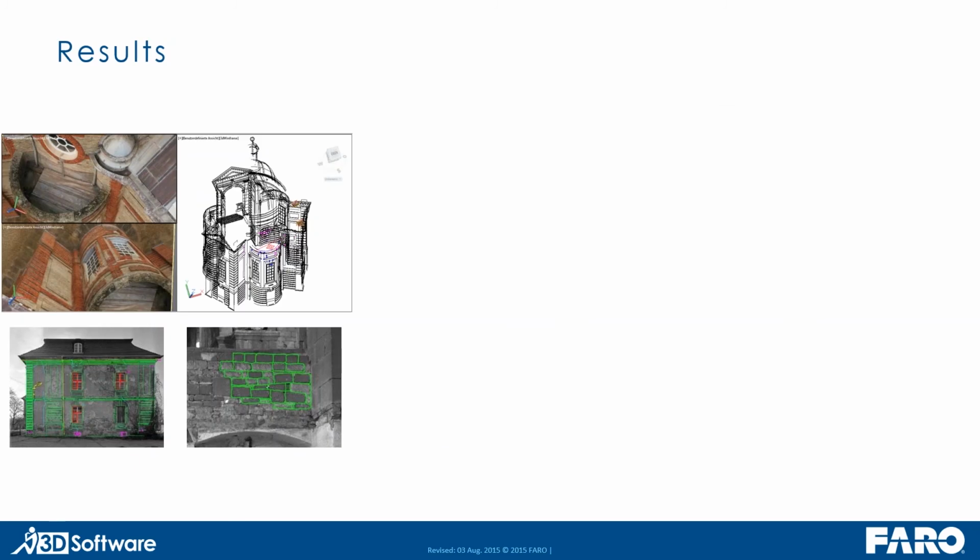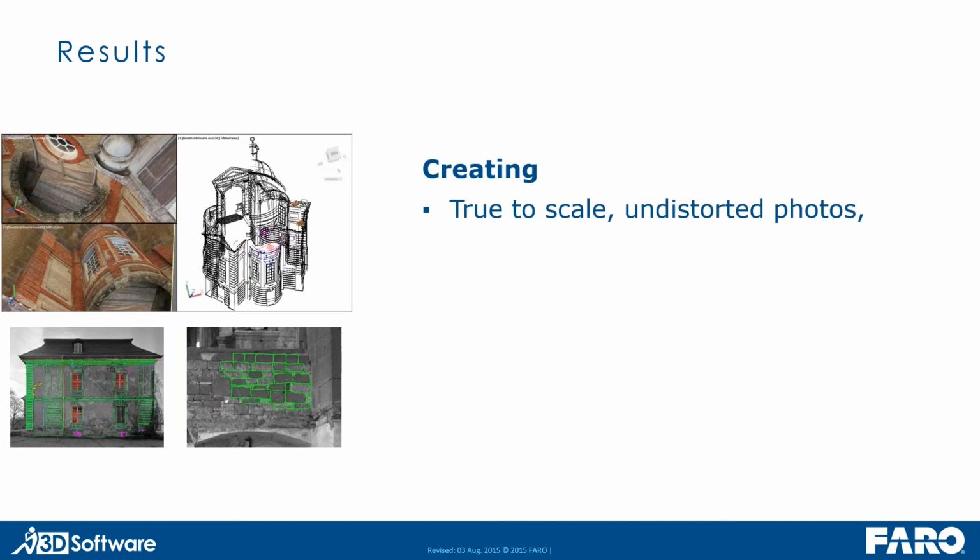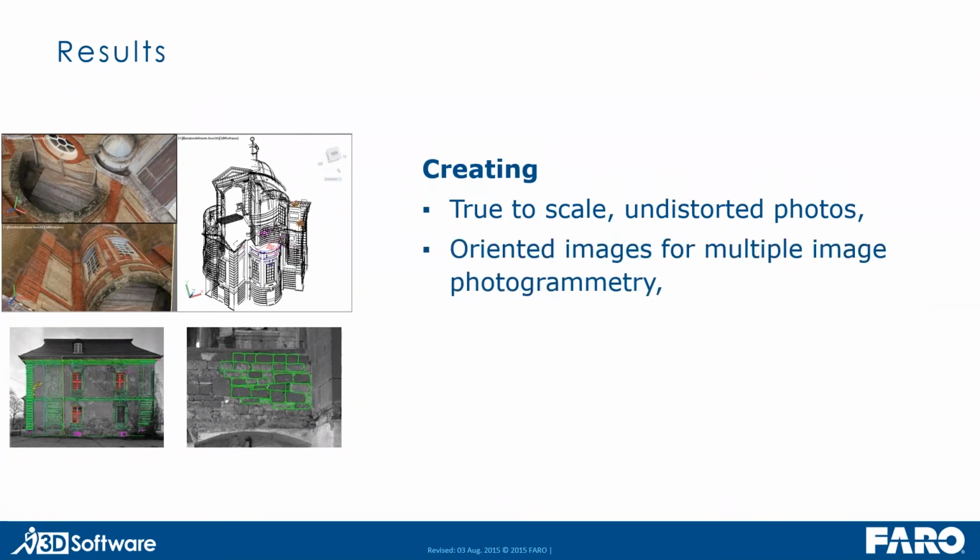With Photoplan, you can create true to scale, undistorted photographs to use them as image plans. You may also create oriented images, which are just an intermediate result for using them for multiple image photogrammetry.